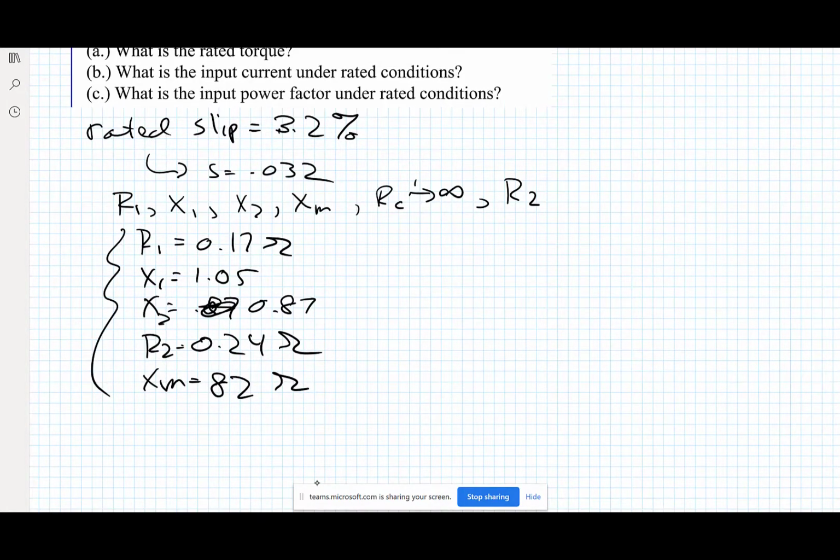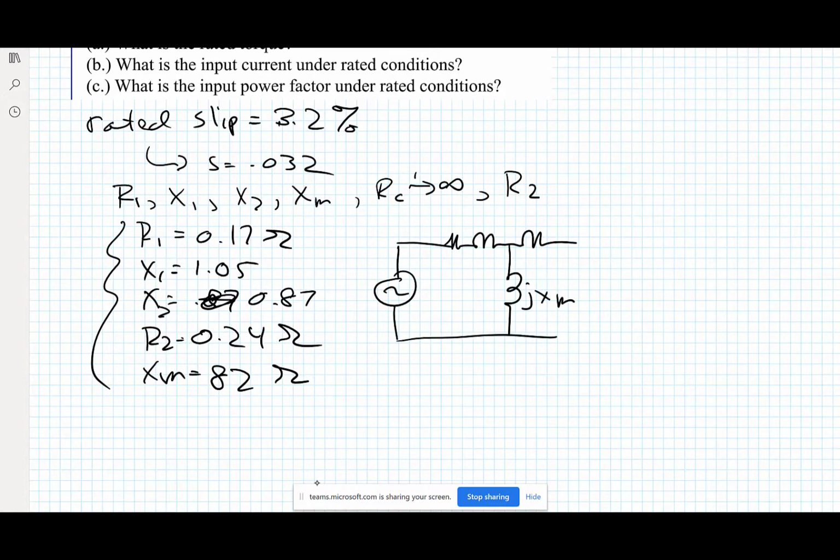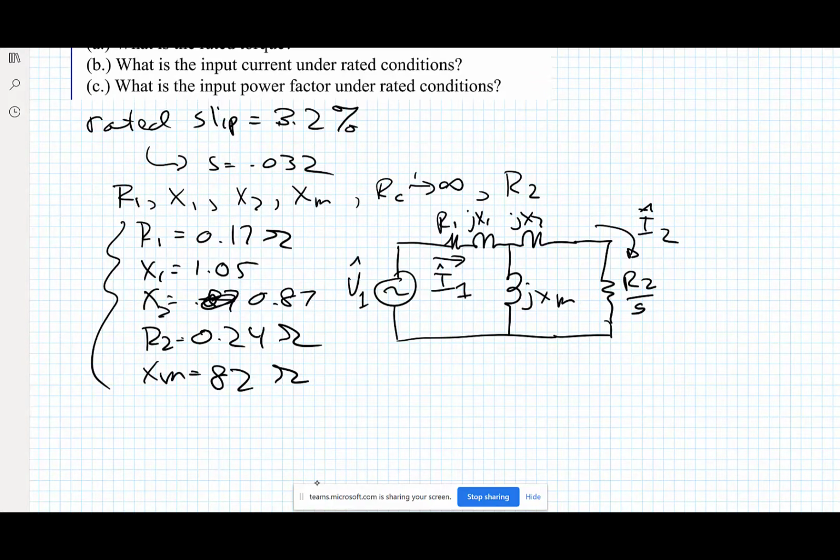If I want to find the rated torque, the easiest way to solve this problem is to use the first equivalent circuit that I gave you, which is this one. We don't have the RC in there. This is the rotor current I2. I've got a V1 applied right here.